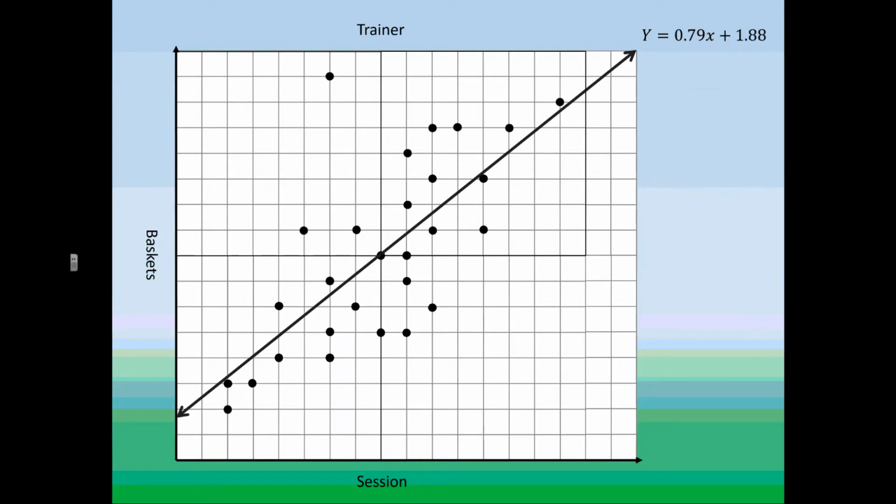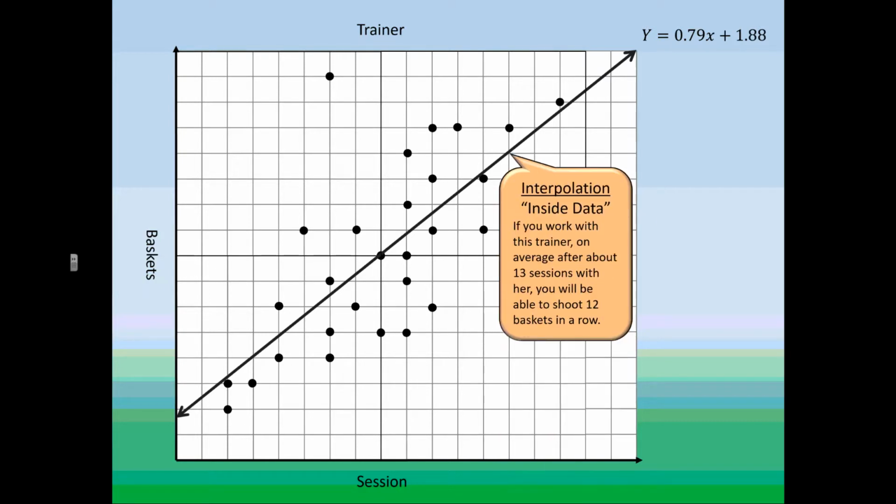We then talked about what this line actually means and how we can use it to predict things. Interpolation is when we're predicting something inside the data. So I am not inside the data. I have not trained with this trainer, but I can tell by the line approximately where I would be around session number 13.